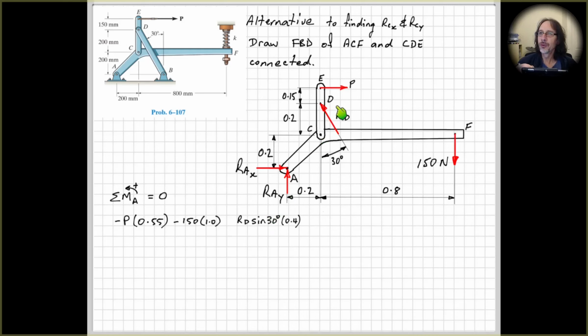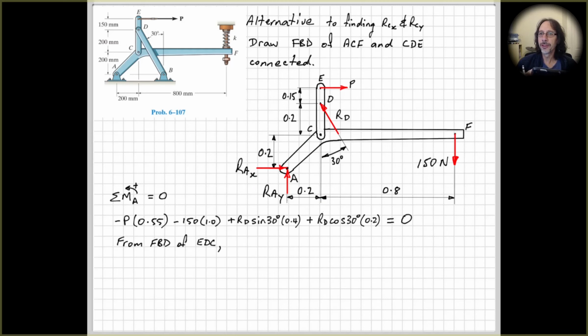That force will be tending to act towards the left, so tending to cause an anti-clockwise rotation, so positive. And then we have the vertical component of RD. Its perpendicular distance is 0.2, tending to rotate anti-clockwise about point A, so it's positive as well. No other forces cause moments, so that's all equal to 0.